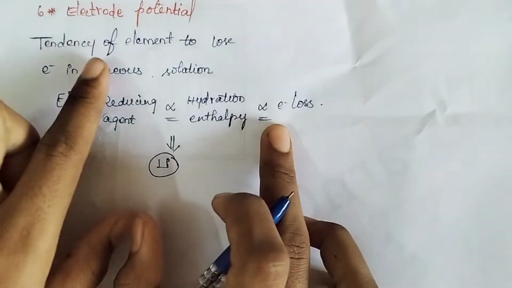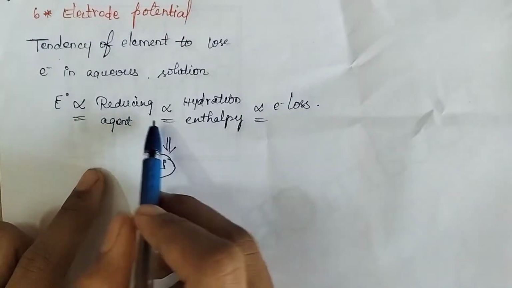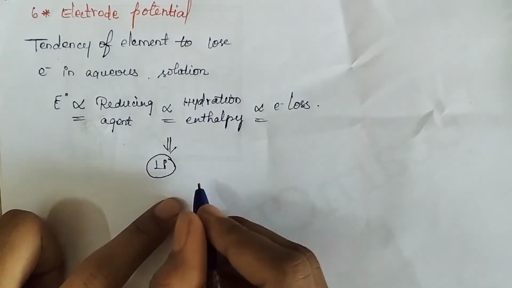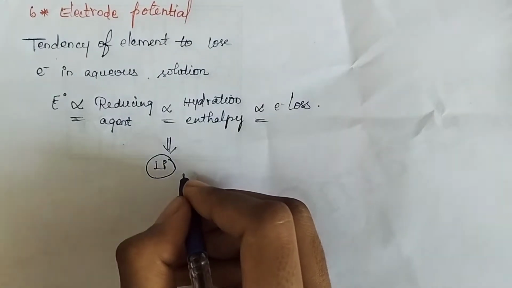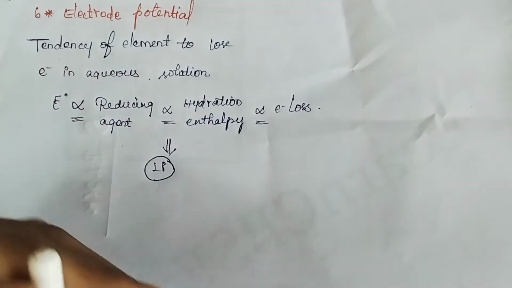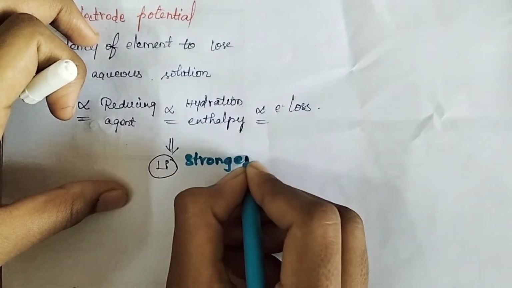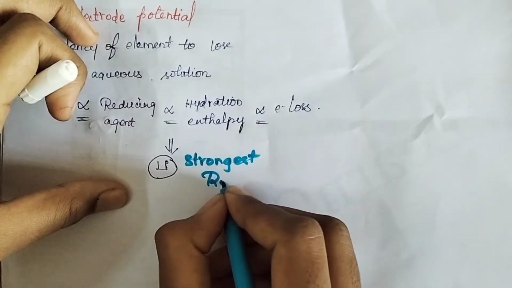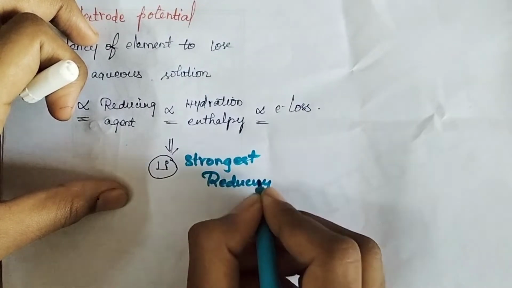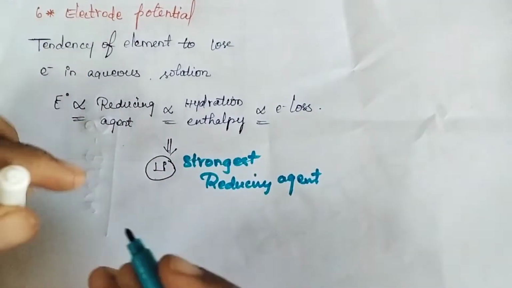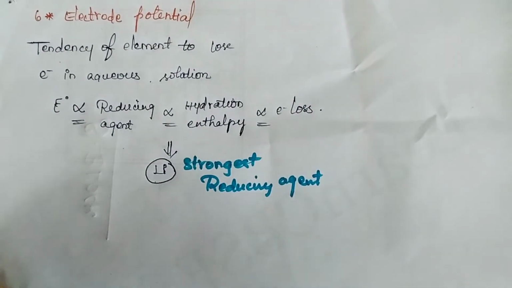So electrode potential, the tendency of an element, and reducing agent. Lithium is the strongest reducing agent. Clear? It's an important point. The next one is cesium.